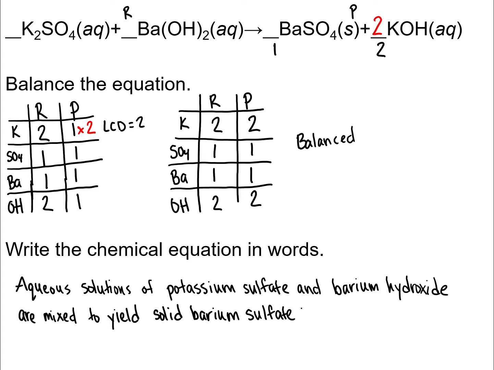We've got solid barium sulfate. That's our precipitate. And aqueous potassium hydroxide.